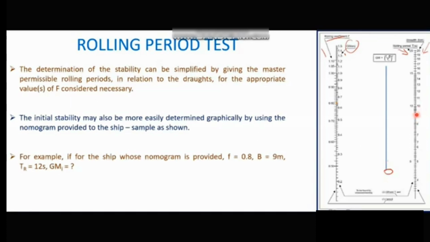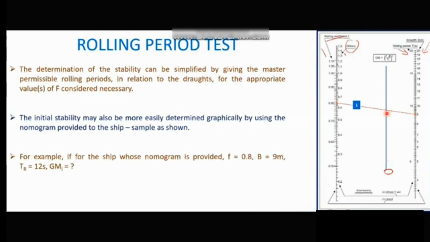The breadth scale 9 meter would be somewhere here. You can see it's come up now. Correct, beta? So what have we done? We mark the rolling coefficient F, we mark the breadth, and we join them with a straight line. Okay. Where does it cut the ratio line, the blue line? It cuts here, or the ratio line is cut here.